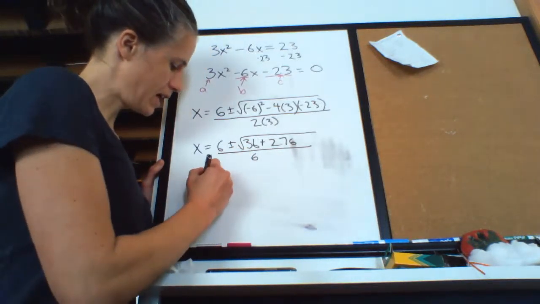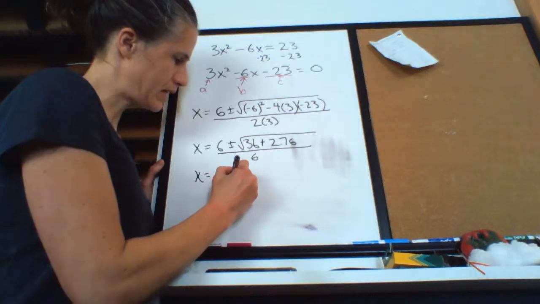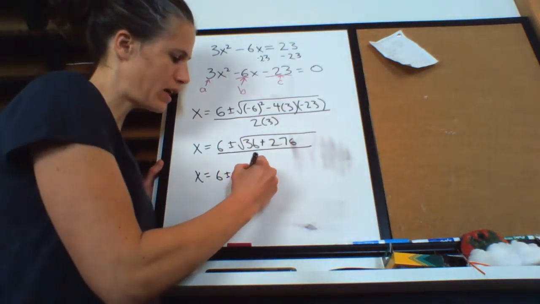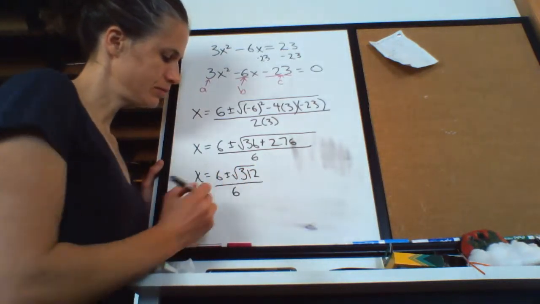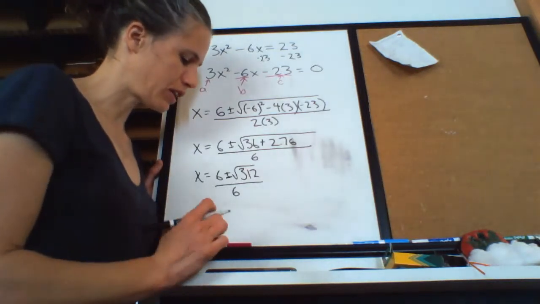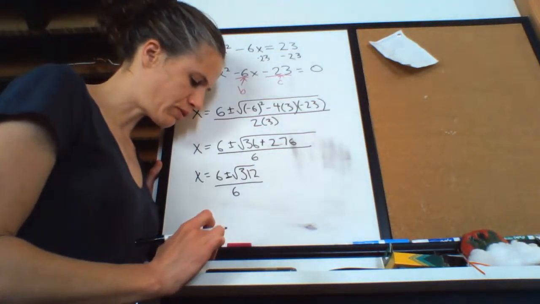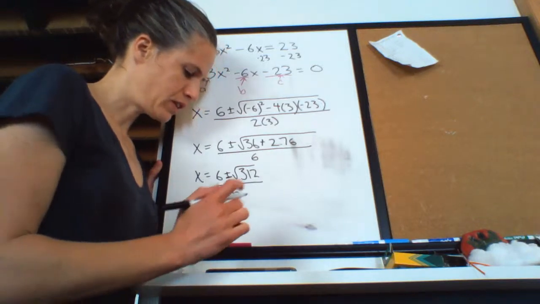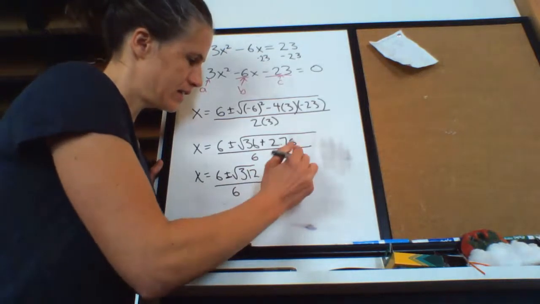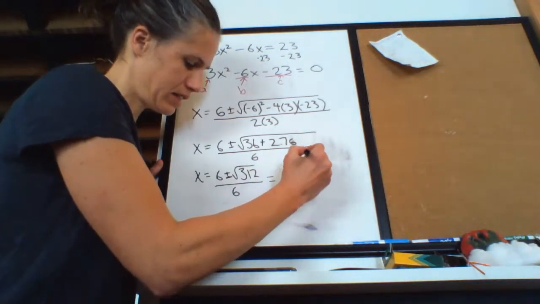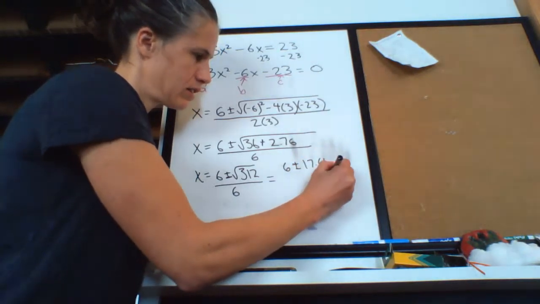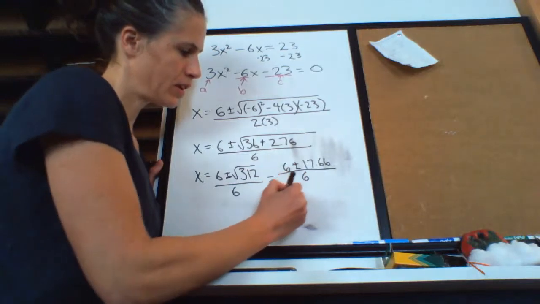All right, so I get x equals 6 plus or minus the square root. Can add those two terms together to get 312. Okay, and now this is where I make my two equations and plug these in my calculator. Well, first I'm going to take the square root of 312. So I get 6 plus or minus 17.66 all over 6, right?